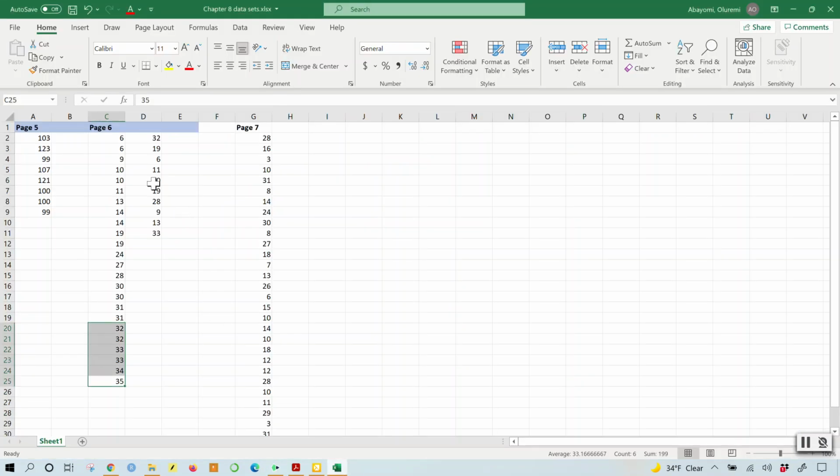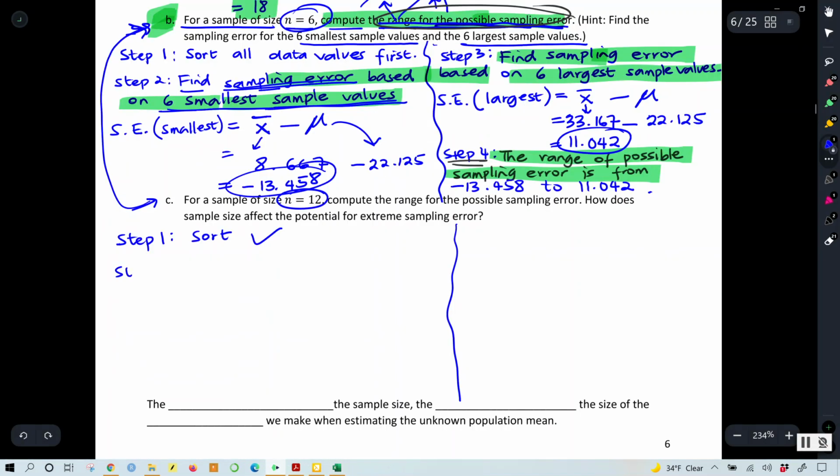Remember, in Excel, we already have the data values sorted. Then step 2 is to find the sampling error for the 12 smallest values.